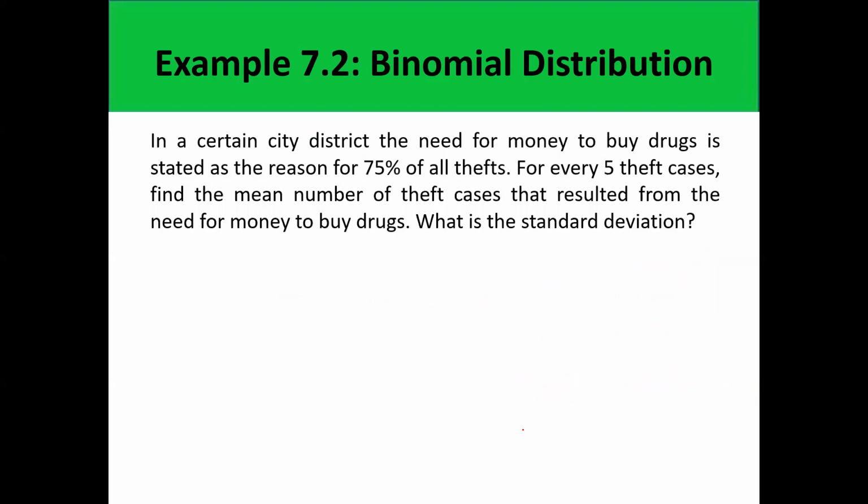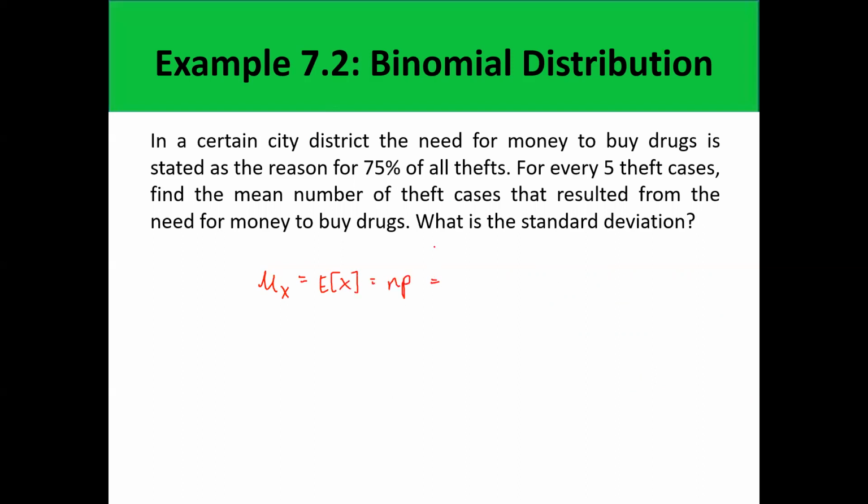Now this time, let's determine the expected value of the binomial random variable x. Recall that in this example, the binomial random variable is the number of theft cases resulting from the need for money to buy drugs. Since this problem falls under the binomial distribution, the expected value of x is given by the formula n times p.